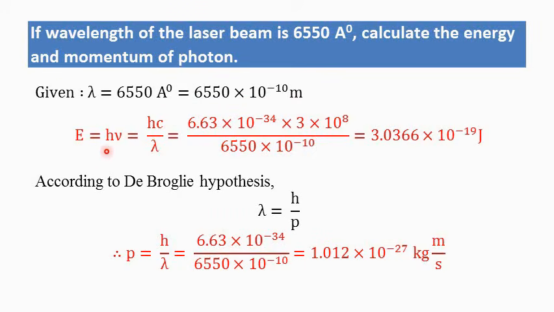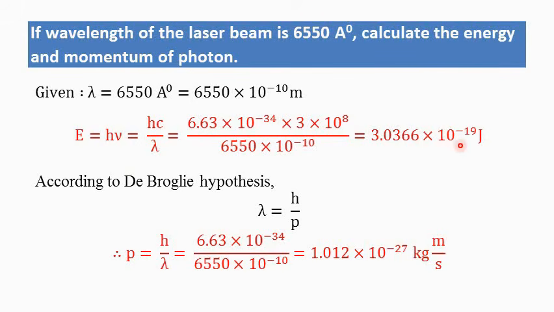Energy can be calculated using Planck's relation, E equal to h nu, and nu can be written as c by lambda. So E equals hc by lambda, where h is 6.63 into 10 to the power minus 34, c is 3 into 10 raised to 8 meter per second, and lambda is 6550 into 10 to the power minus 10. We can calculate the energy of the photon as 3.0366 into 10 to the power minus 19 joules.